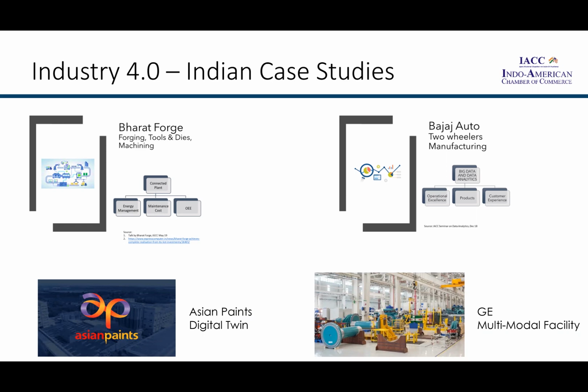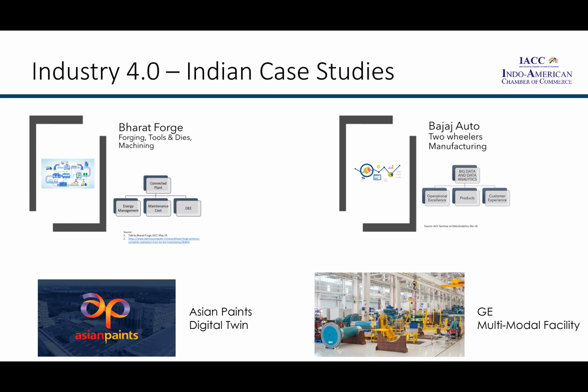Last one, but not the least, I would like to mention is the GE factory in Pune. The unique thing about the factory is that it is designed as a multimodal factory. This is another example where a company has gone just beyond technologies and it has tried to internalize some significant aspects of Industry 4.0.